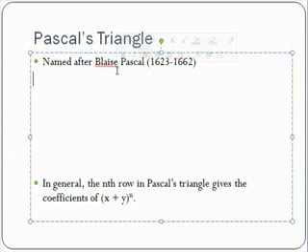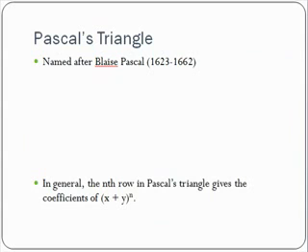And the triangle begins with a 1, and then the second row has 2 1s, and then we get 1 2 1. And the way you build the triangle is you add any 2 consecutive numbers on the diagonal above it.